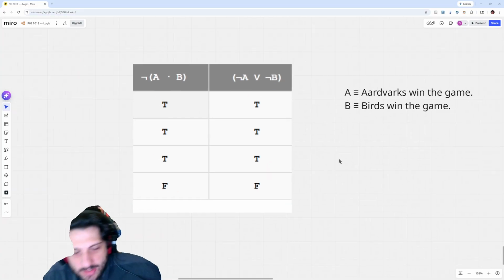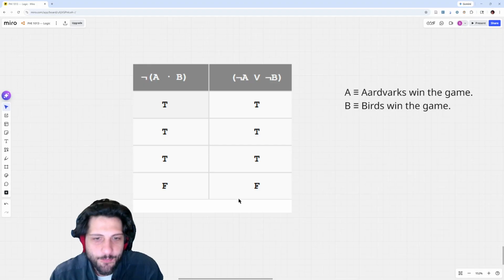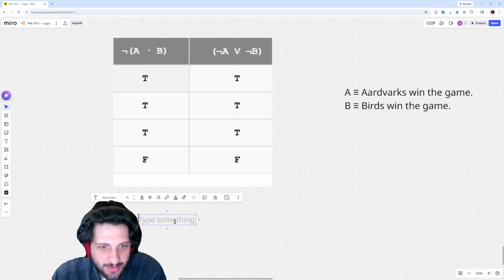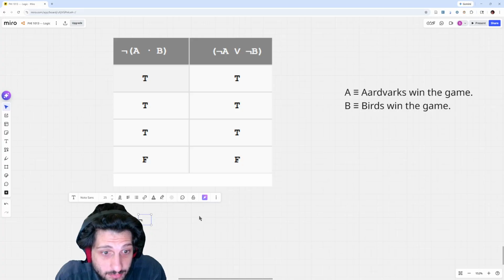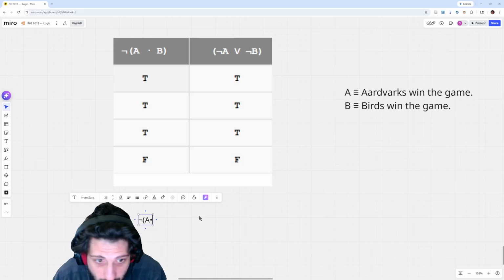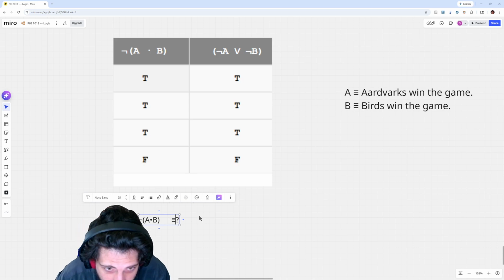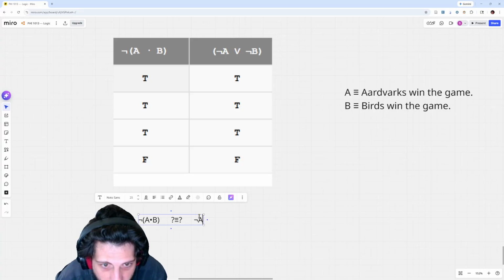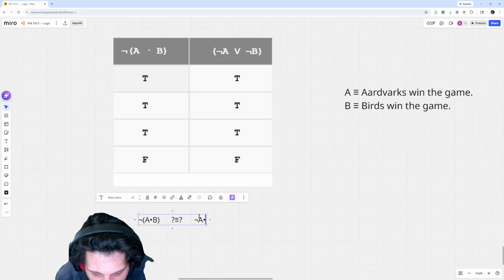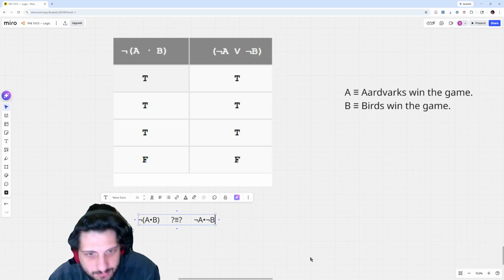The reason this is interesting is because sometimes people will think, not (A and B), is this the same thing as just saying not A and not B?